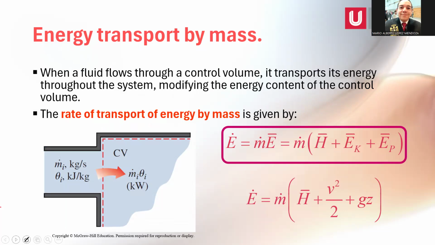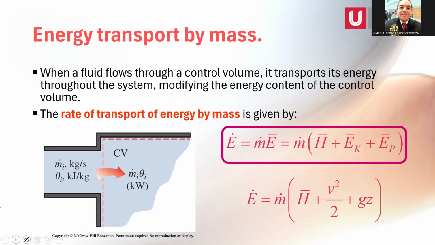This flow is transporting its energy through the system. So when we get the fluid into the control volume, we are adding energy to the control volume. And when we remove the fluid from the control volume, we are removing its energy content.